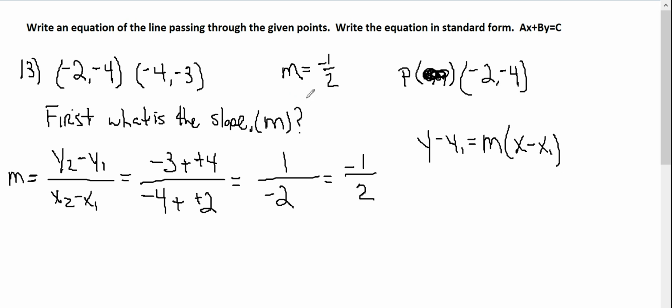Okay, and let's fill that in. I'm going to have y minus negative 4 equals negative 1 over 2, that's my slope, m, times x minus negative 2.